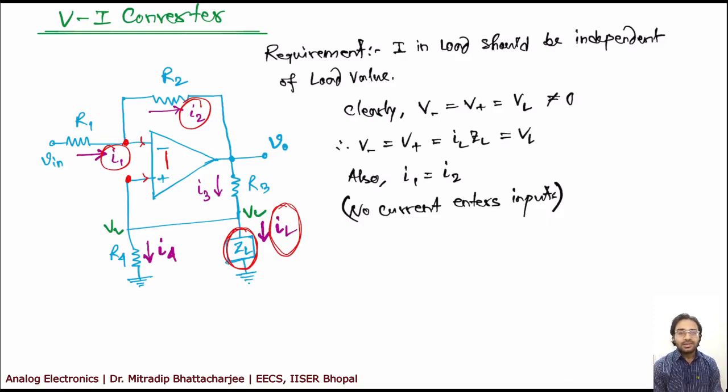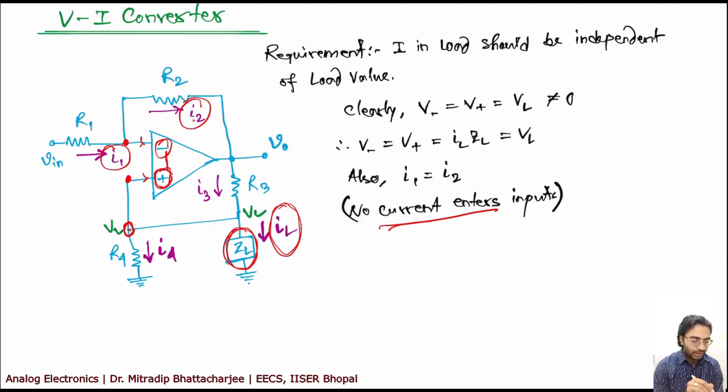Otherwise this assumption will be invalid. So one has to remember that there are some conditions to make these statements correct. In fact, I'm mentioning it almost everywhere. So your I1 is equal to I2, and your V minus will be equal to V plus, which is equal to VL.